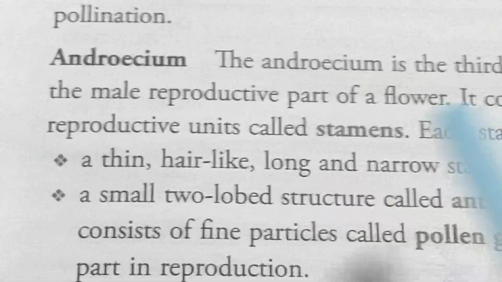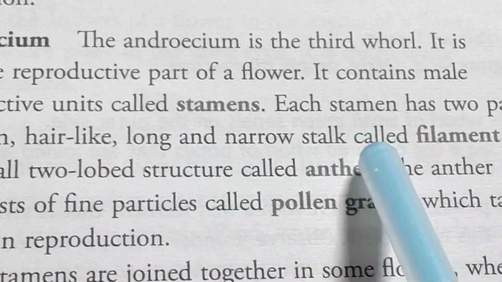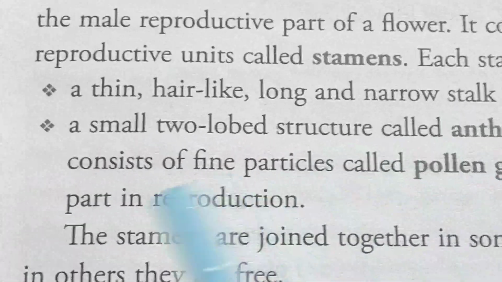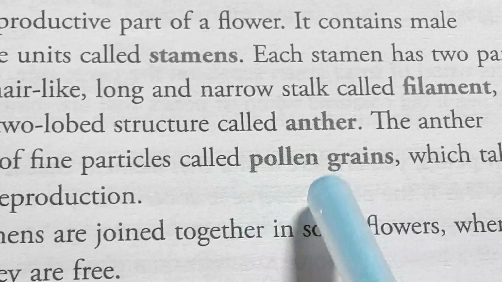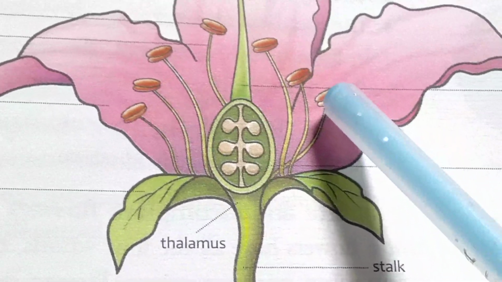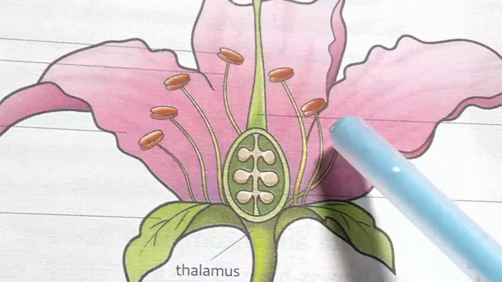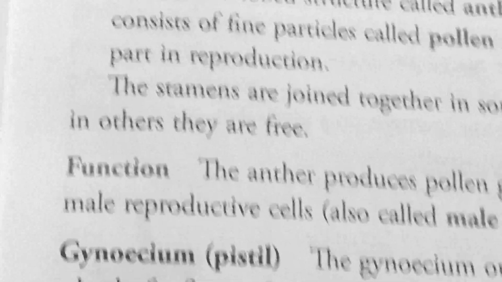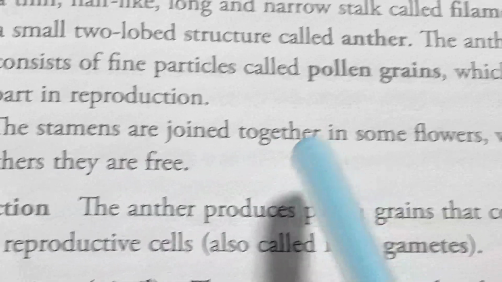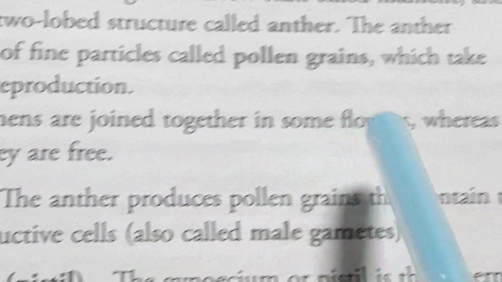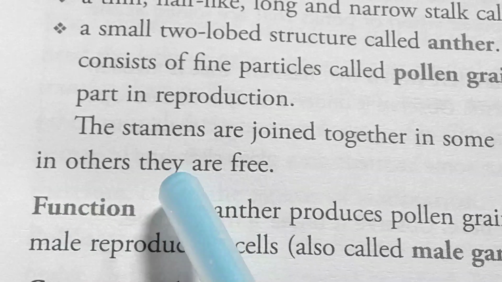Each stamen has two parts, a thin hair-like long narrow stalk called filament, and a small two-lobed structure called anther. The anther consists of fine particles called pollen grains, which take part in reproduction. So the anther consists of pollen grains. Pollen grains take part in pollination. Next, the stamens are joined together in some flowers, whereas in others they are free.